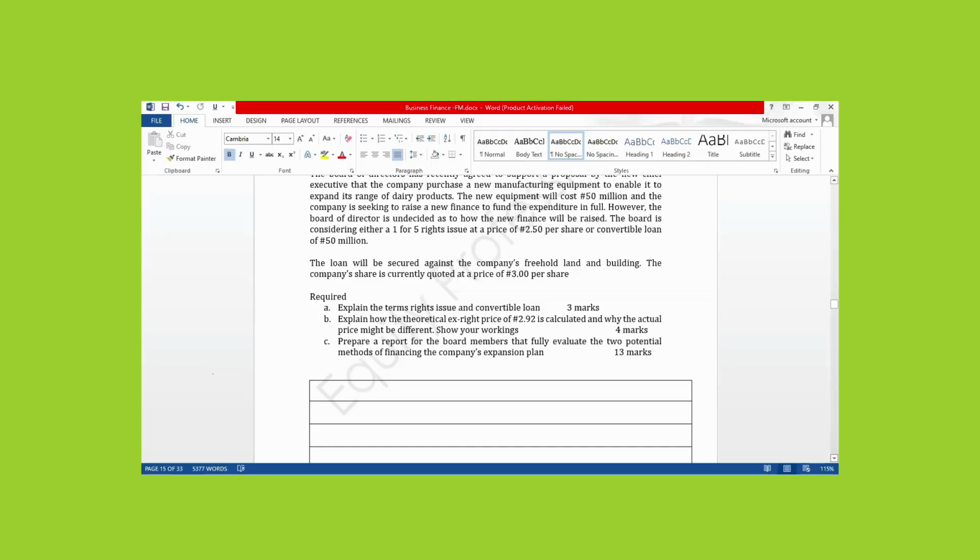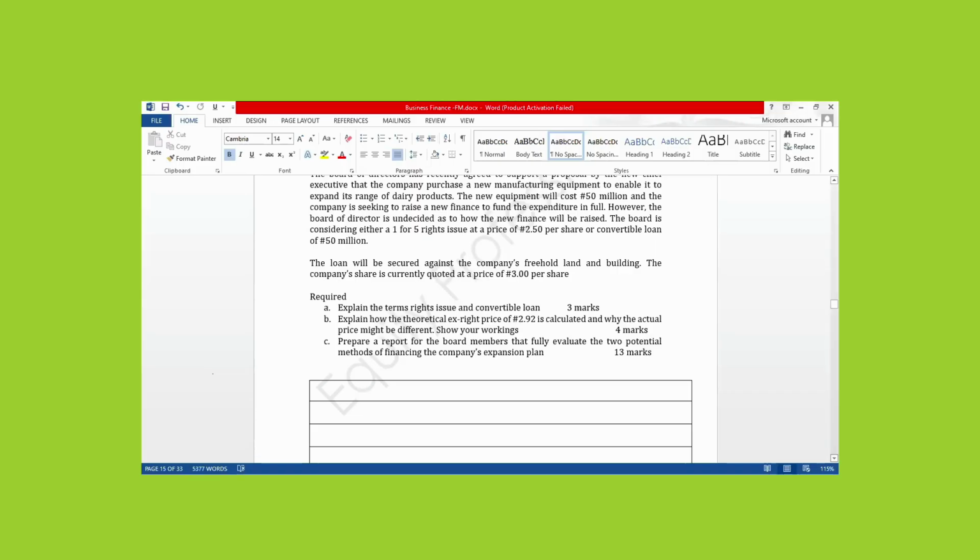Now remember, we said theoretical strike price is the expected share price after we have completed the rights issue. What the share price ought to be after the rights issue is completed.